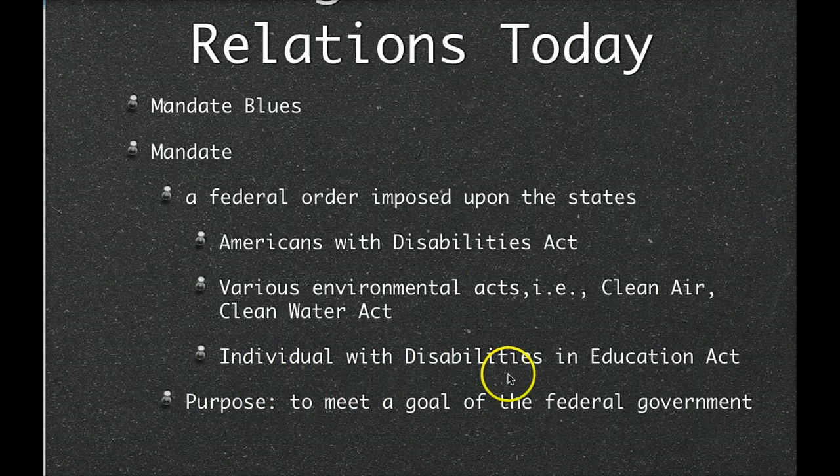Now, mandates. Let's get into these a little bit more. Sorry for the length of this, but this is the way it is. A federal order imposed upon the states is what we call a mandate.